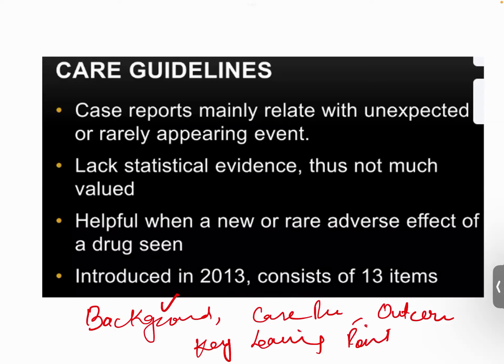Then they will introduce the patient's age, sex, medical history, current medication, family history, like your narrative. The background will tell that this antibiotic is mostly tolerated by everyone. However, in this particular patient, we observed this.